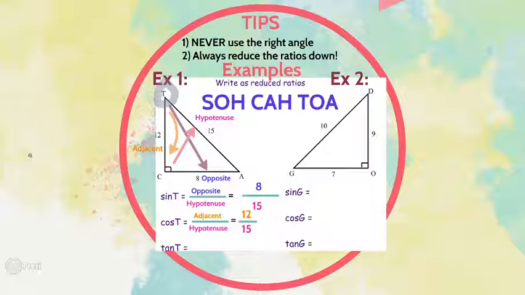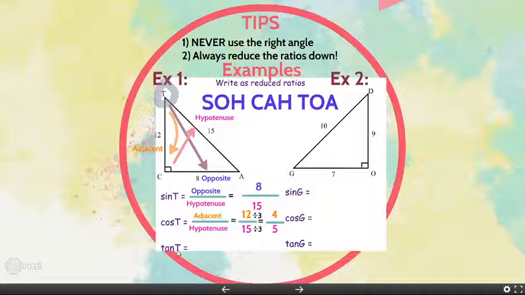Okay, now I can reduce down 12 over 15. Do you guys know a number that will divide into 12 and 15? Like normal, of course you do. Well, the largest number that divides into 12 and 15 is 3. So I can divide each of these by 3. 12 divided by 3 is 4, and 15 divided by 3 is 5. Okay, so the ratio for cosine of angle T is 4 over 5.